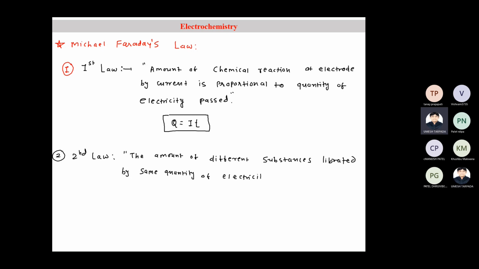Electricity passing through an electrolytic solution is directly proportional to the chemical equivalent weight.